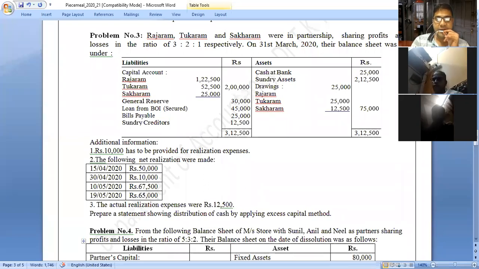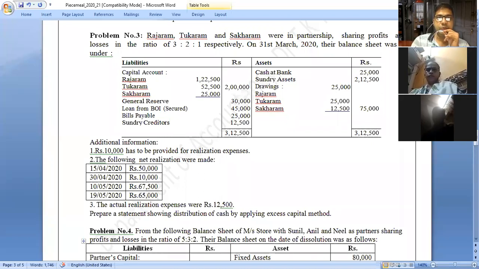Then we will find out the new base capital. How will we find it out? The lowest unit capital. So here 20,000 and 1250. Which one is the lowest? 1250. So 1250 is the lowest unit capital. Then the new proportionate capital we have to find out. How will we find it out?